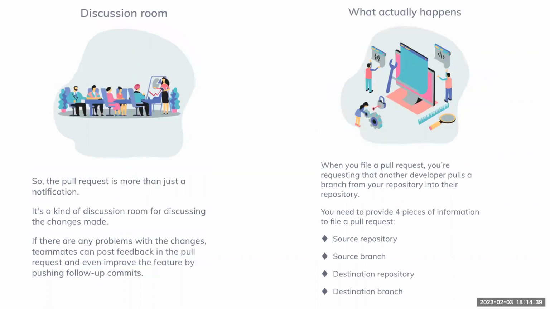I just added this discussion room because the pull request is more than just a notification. It needs a kind of discussion room for discussing the changes made. If there are any problems with the changes, teammates can post feedback in the pull request itself, and even improve the feature by pushing follow-up commits.